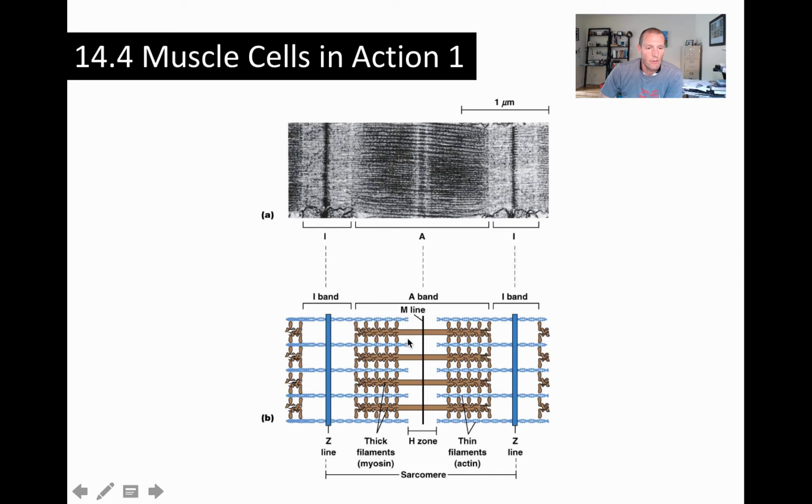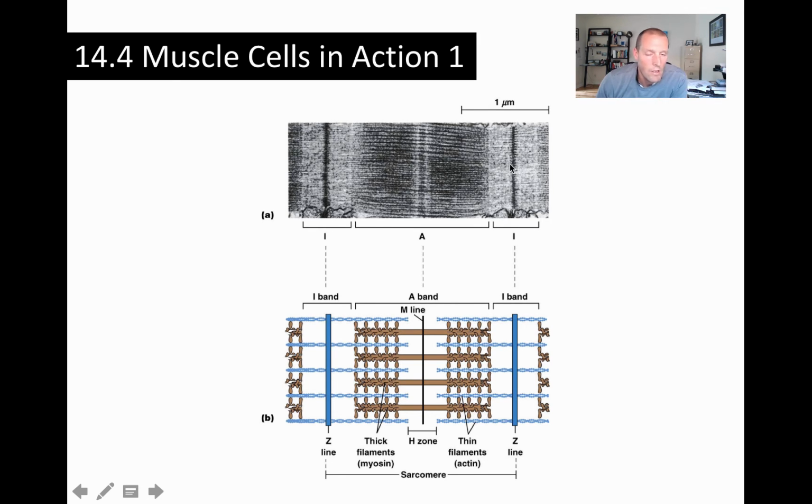In the middle of each I band is this darker line called the Z line, and we'll talk about the structure and the function of that in a little bit. The distance between one Z line and another Z line indicates a sarcomeric unit. So the sarcomere is from this Z line here to this Z line here.